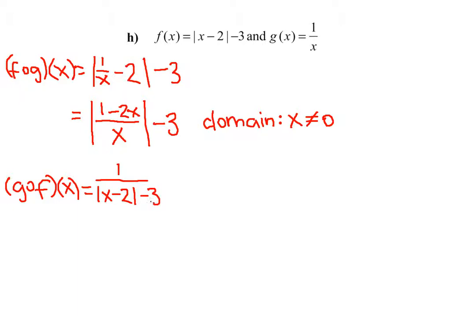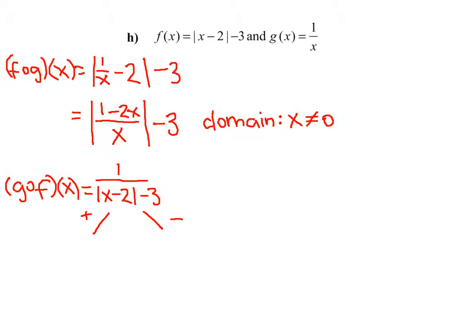So that's the most simplified we can make it, but to find the domain, we have to work with the absolute value. So we're going to take the absolute value of this, and we're going to split it into positive and negative, so we can find out what x equals when the whole equation equals 0.